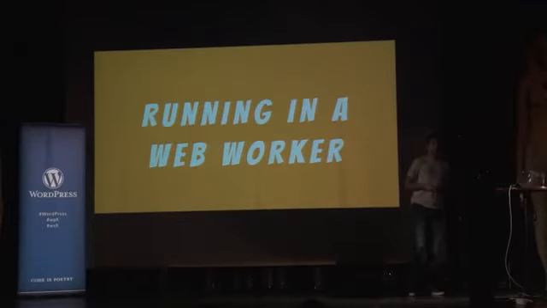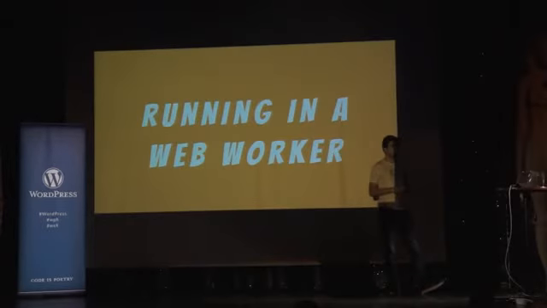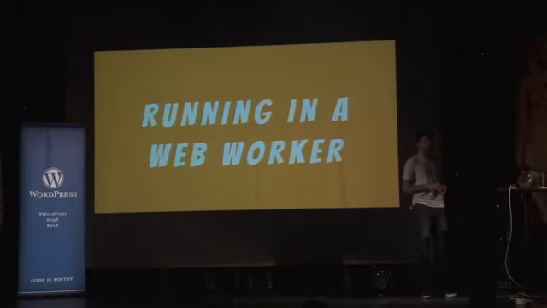Also, we can run things in a web worker. This is a new thing in browsers where it can run things in parallel. So we can just render something, or we can run the diffing algorithms, which are sometimes complicated. We can just run them in a web worker.